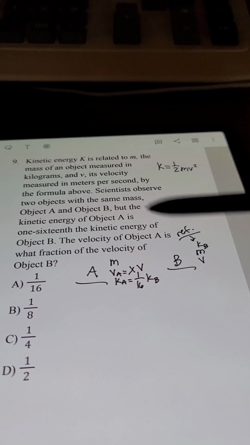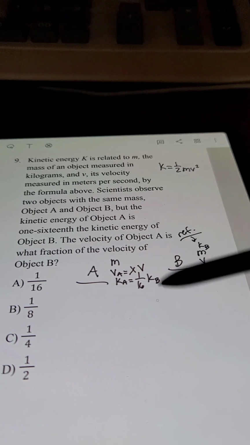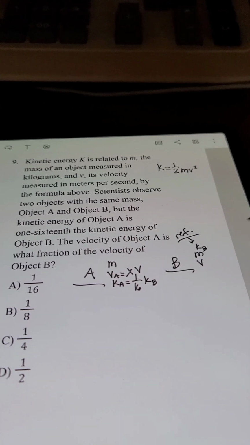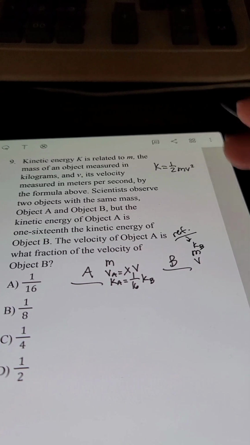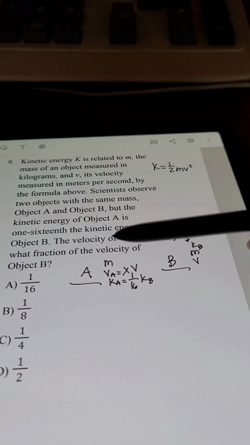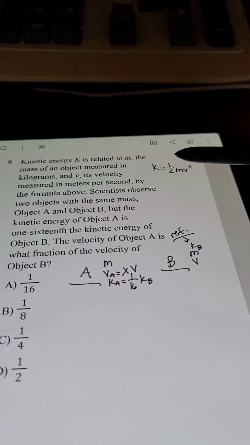Okay, so basically I've just written the information in a more equation-y way. So B is going to be what we're referring to as our reference. They have the same mass, so that's why m is the same for each of them. I'm plugging the same m into this general formula.